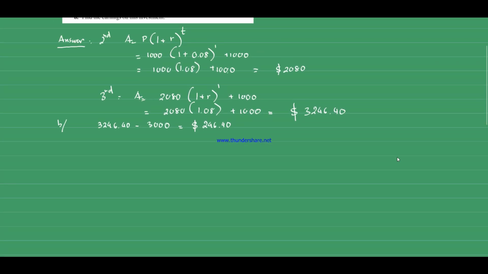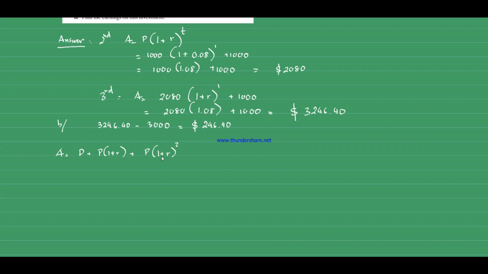From here, you're going to derive the general formula: A equals P, plus P(1 + R), and the third year will be P(1 + R) squared.